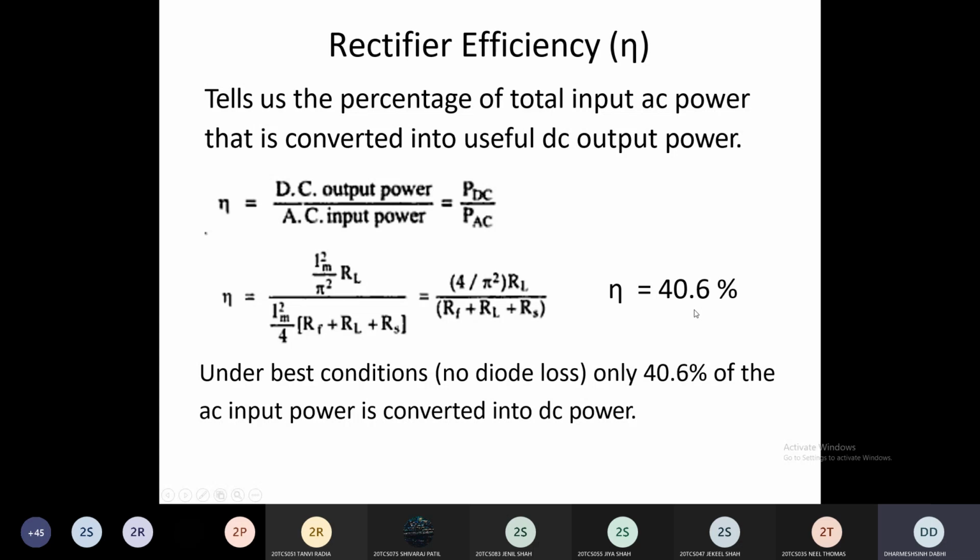Under ideal condition we assume that the diode is a lossless device, meaning no loss happens. In this condition, you get the maximum efficiency 40.6%. But in practical condition, it is less than this, 30 or 35%. Clear? So this is the poor efficiency of half wave rectifier. That is a disadvantage of the circuit.